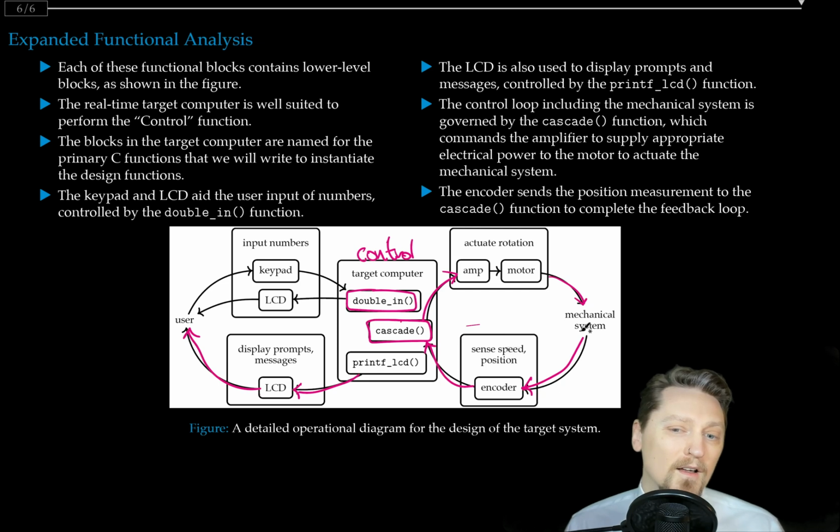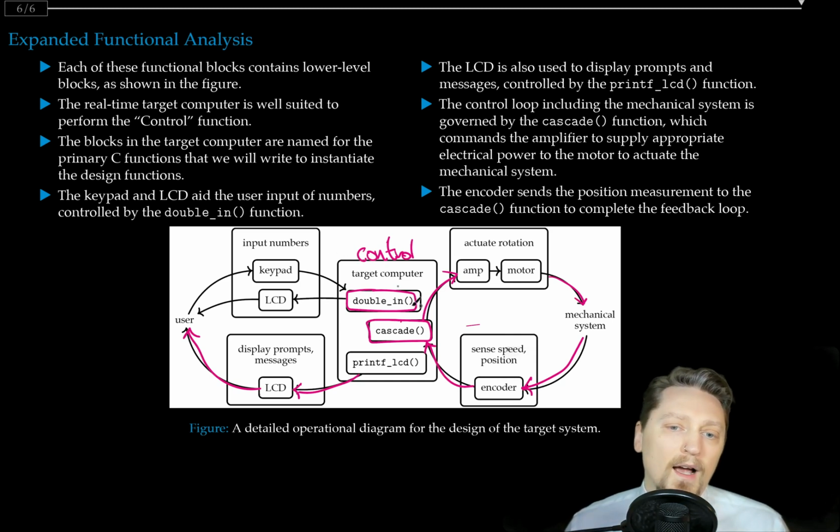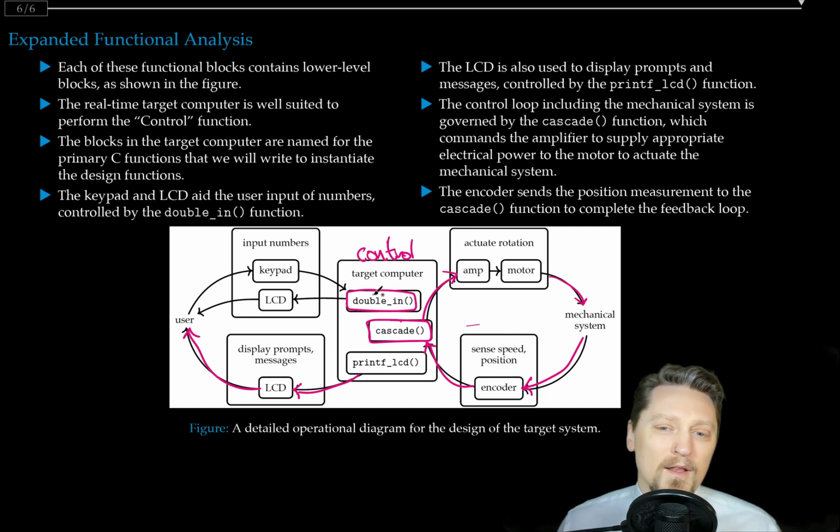Okay, so this is a functional analysis, very high level view of what we're going to be doing in this course, in this book. We're going to learn how to write these high level functions and then also the lower level functions below them that support these high level functions. So if we look at it in the context of this functional analysis of our design problem, we have a better roadmap for where we're going.